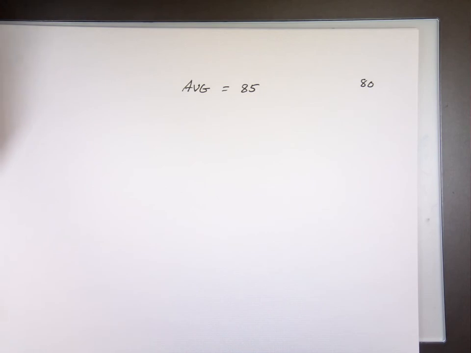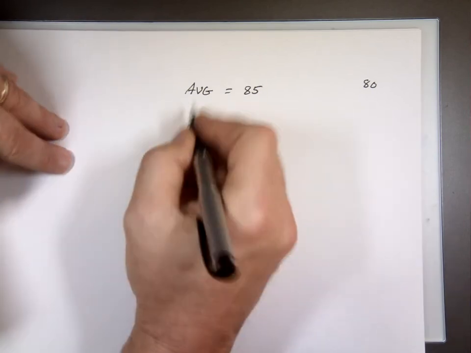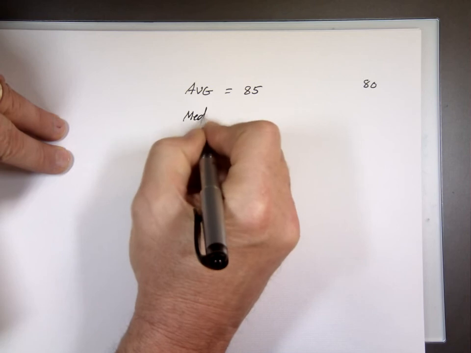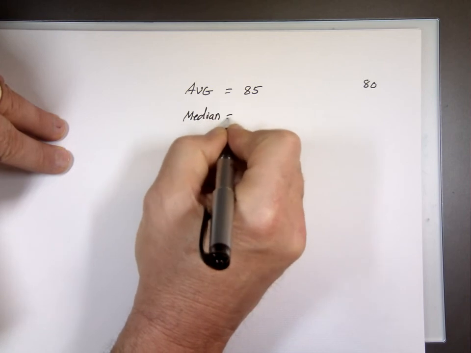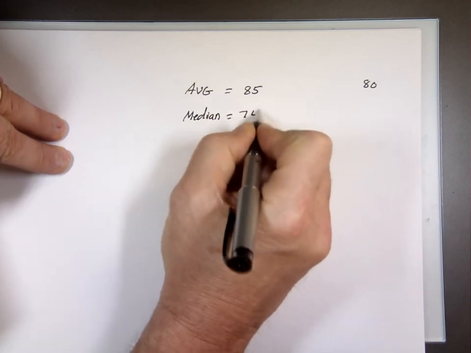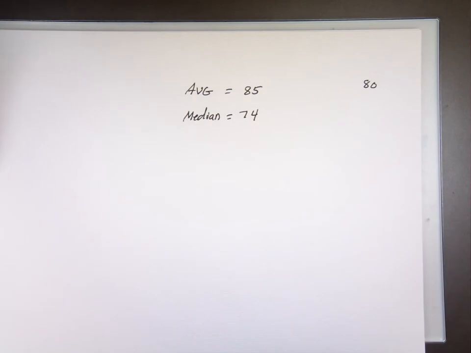But if I came back and I said the median for the class was 74, then you're not doing so bad in the course. Why? You're in the top half of the class. Why is the average high? Because a couple of people got 100 on it. It raised everyone's average. But you're probably the third, fourth highest value there.